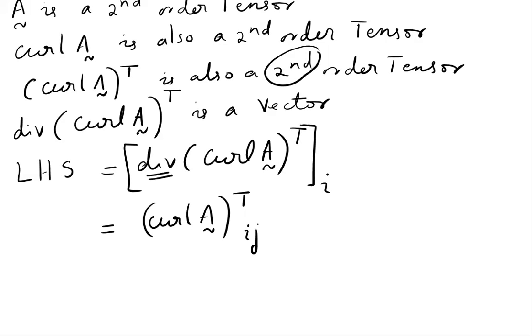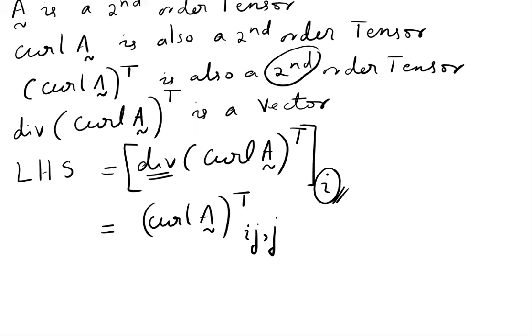Divergence denotes differentiation, so comma, and I want I, only one free suffix. So, here the next one with respect to j I have to do. So, j is dummy, and finally I get this one free suffix I, right?